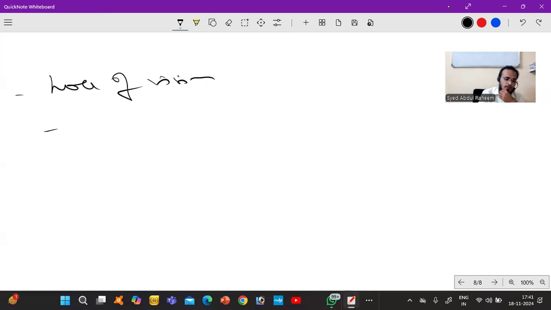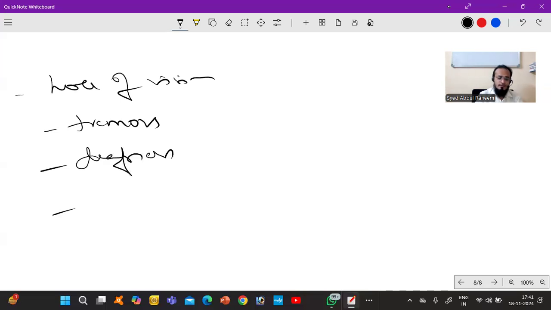And the patient has tremors, and diplopia, which you already studied, impairment, and deafness also present. So if the central nervous system is involved, the next symptom is deafness. Okay, deafness. This is the sign.